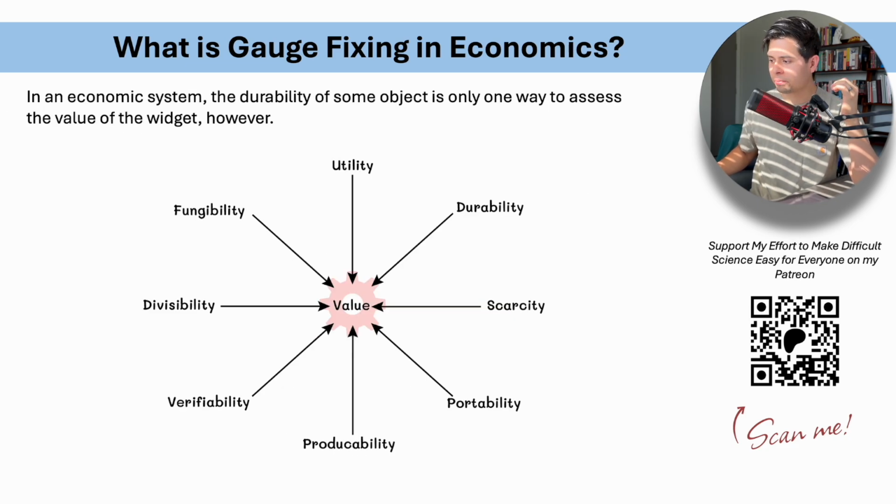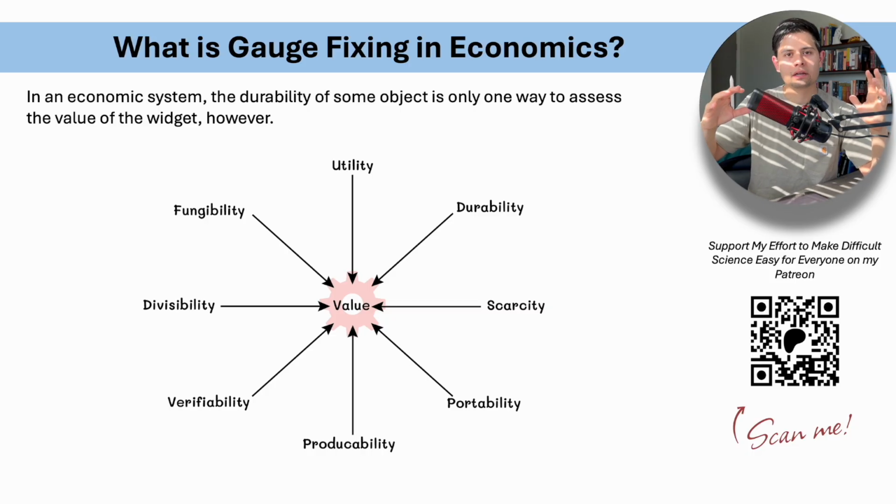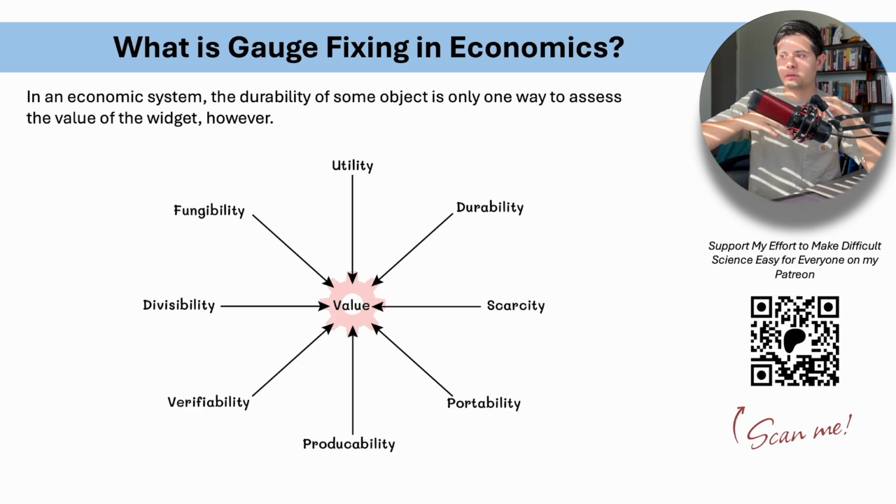So in an economic system, the durability of some object is only one way to assess the value of some widget. If we're abstracting this higher, we're understanding things in terms of value. So my value, your value, the value of some commodity. Say you're buying a car, you want to know what the value of the car is.